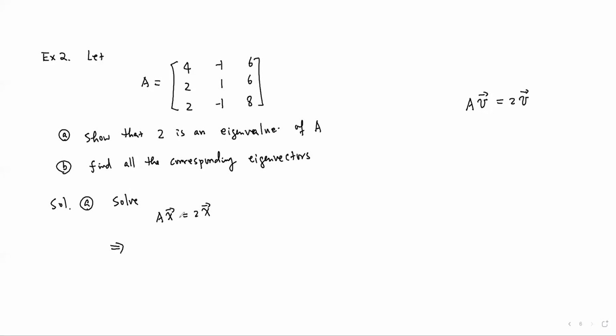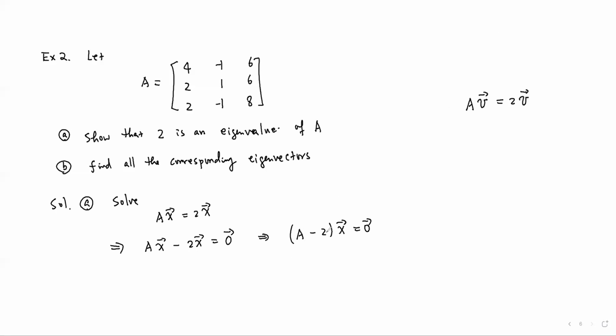Let me rewrite this equation. Move all the unknowns to the left-hand side, so the right side is a zero vector. Now take out x. But wait.